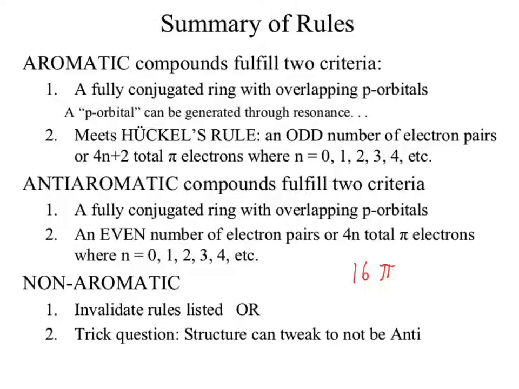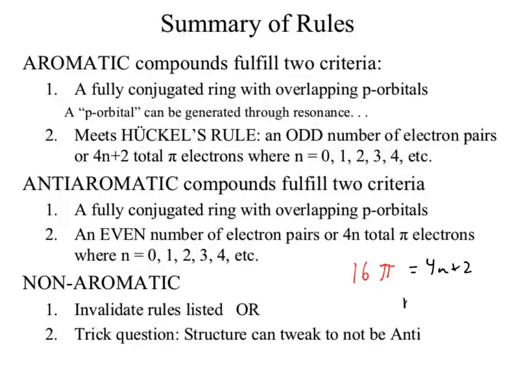Well, 16 pi electrons. So Corey's come up with an interesting idea. We could look at the number of pi electrons. Well, how many electrons go into a bond? 2. 16 divided by 2 is 8, which is an even number of electron pairs, which would suggest anti-aromatic. I hadn't even considered that one. I was going to go through and actually solve it all the way out. I'd do 4n plus 2 and try and solve it out.